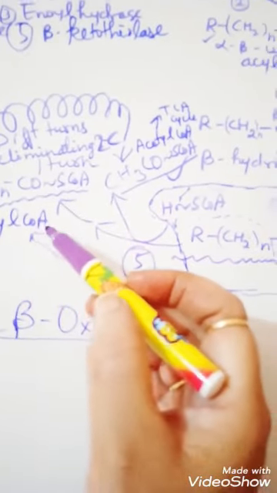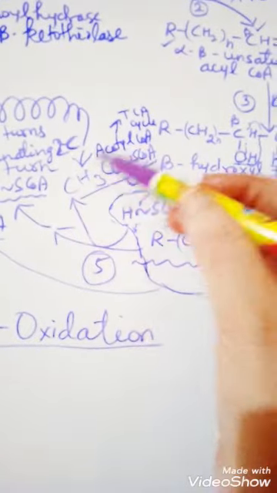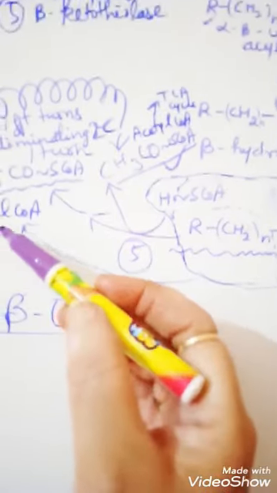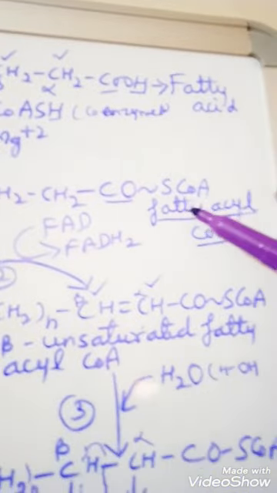So this is the first cycle, and during this we have the final products acyl coenzyme A and acetyl coenzyme A. You could see here, this acyl coenzyme A derivative is like the earlier long chain fatty acyl coenzyme A, but it has 2 carbons less than the earlier one.